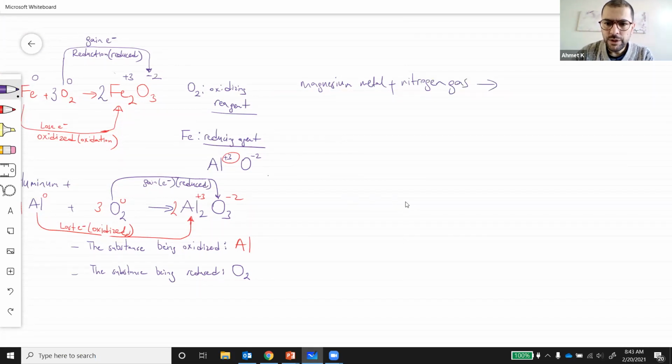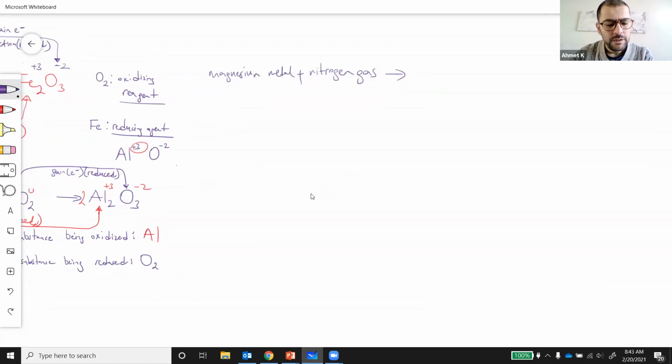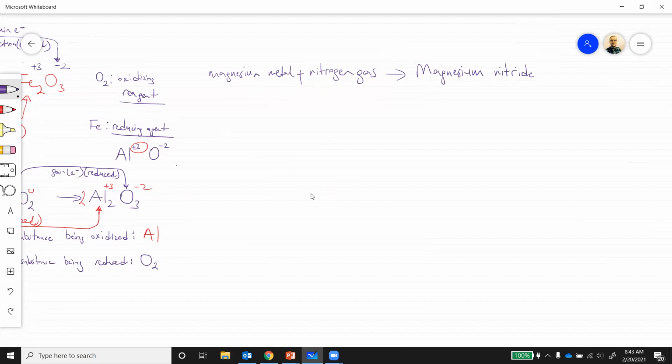And then you are producing magnesium nitrate. Magnesium nitrite. It's not nitrate, right? Nitrite. I got it now. Okay, so let's write it down and then balance the equation.